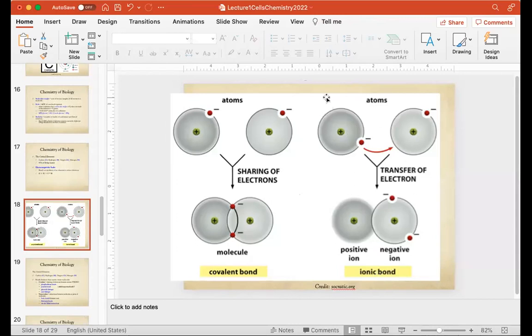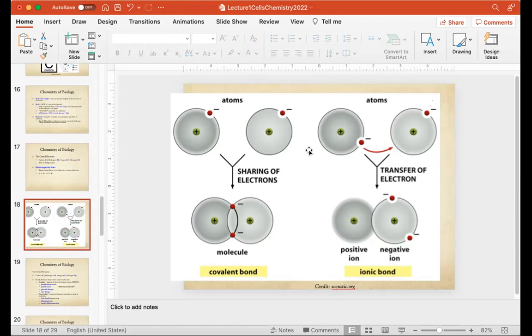Sometimes when two atoms come together and each one has an unpaired electron in their valence shell, sometimes it makes more sense, again, in terms of which elements we're talking about. Sometimes it's more energetically favorable for those two atoms, instead of sharing their valence electrons, to transfer that unpaired electron from one atom to the other.